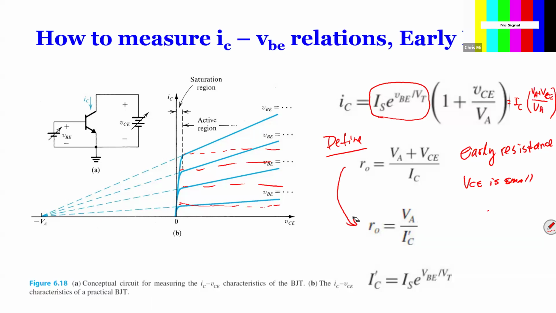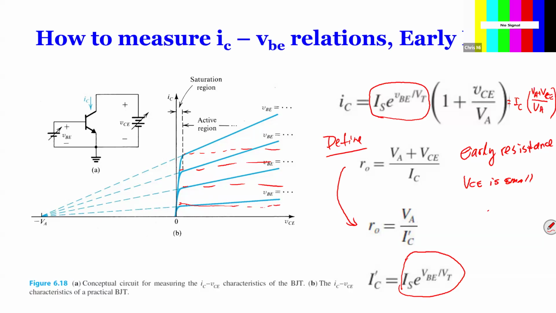IC prime is this value here, what we get when we don't consider the early effect. When we consider the early effect, IC is IC prime times that variable inside.